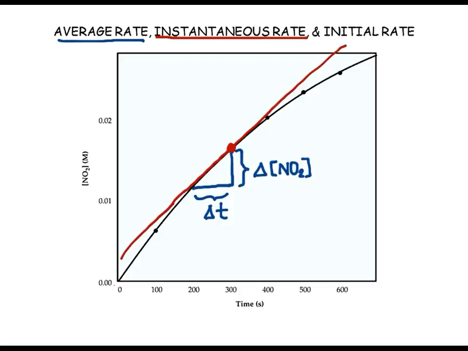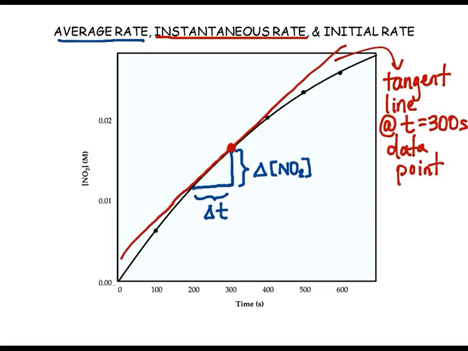If it were 200 seconds or 205 seconds or 306 seconds, it would be slightly different because we would have to choose a different point on our graph. So we draw a line that is tangent to that curve at 300. If we take the slope of that tangent line, then that would be the instantaneous rate at 300 seconds. Now you can have an instantaneous rate at any time point.